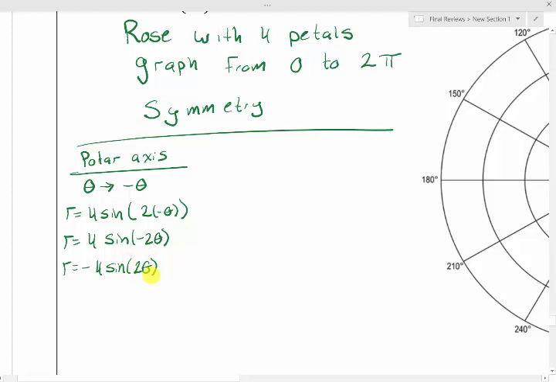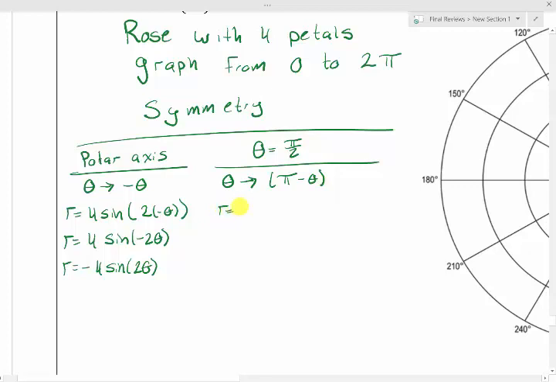Well, unfortunately, it does not meet the conditions that we have for symmetry. Now, there may still be symmetry there, we just can't check for it, unfortunately. So let's check for symmetry at the line theta equals pi over 2. So for this one, we're going to replace theta with pi minus theta.